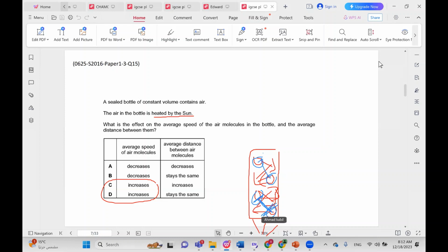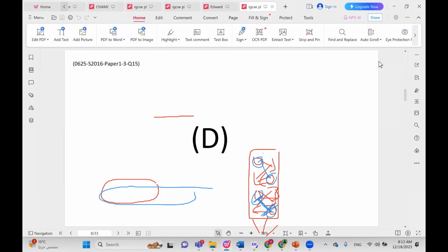So they'll keep moving and they'll end up in random positions, but the distance between any two molecules doesn't really change because they already occupied the entire volume of the bottle. So the correct choice here is choice D. The speed increases and the distance stays the same. So D is the correct choice.